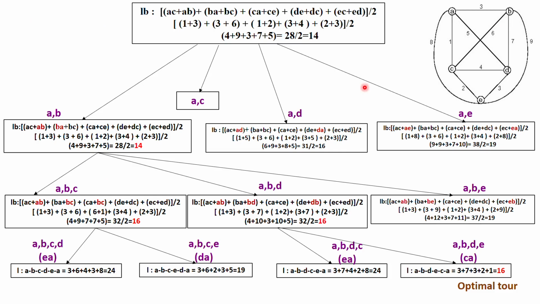Let's see with one example. This is the given graph, and A, B, C, D, E are what? Now you are representing your cities in the form of vertices here. And this edge cost represents the distance here. So now first I have to find the LB. For every vertex I have to find the 2 nearest neighbors.